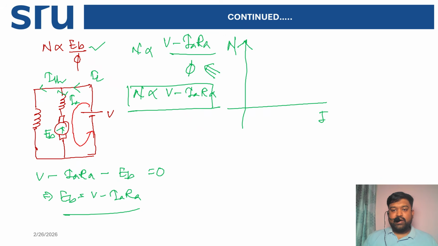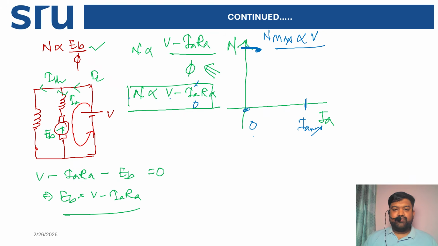Now you see the graph. Suppose IA starts from 0. This is the 0, and here IA is the maximum. If the IA value is 0, then N is directly proportional to voltage. If your voltage is rated, then speed is also rated. When the armature current is 0, the speed is maximum; you can say N maximum is proportional to voltage.